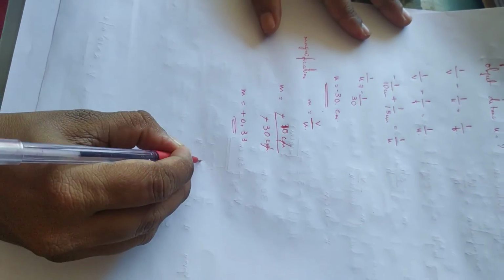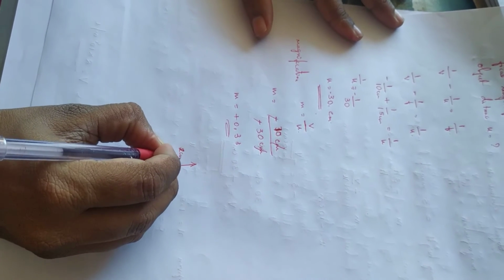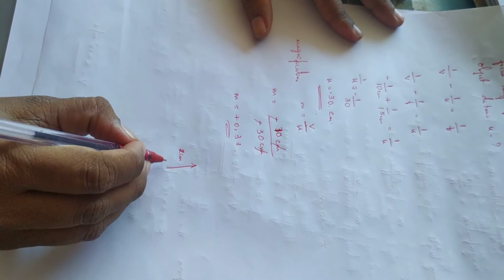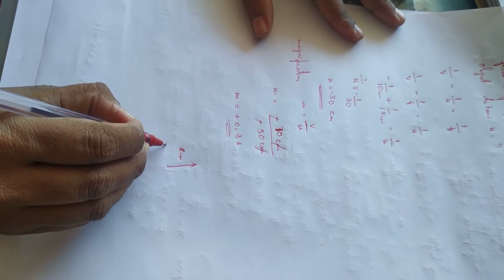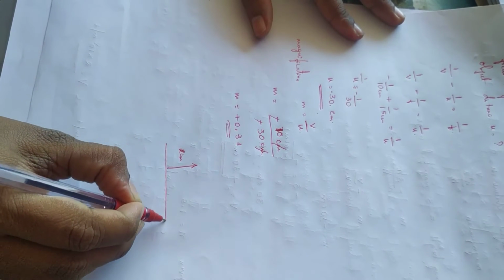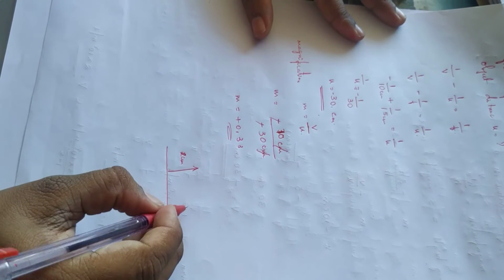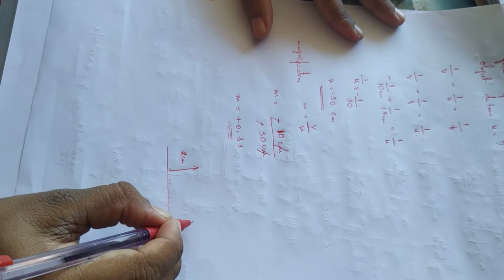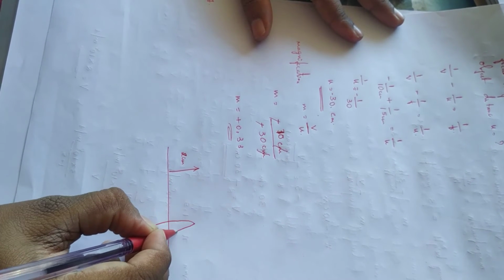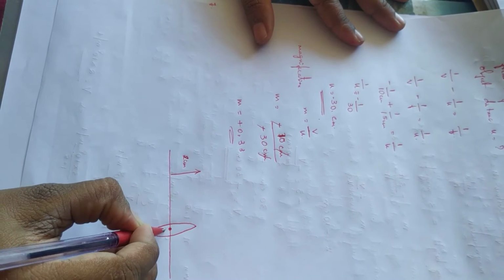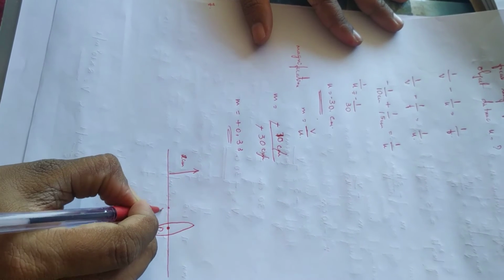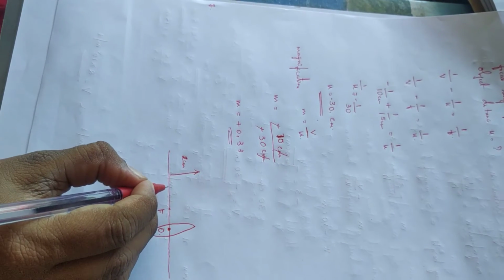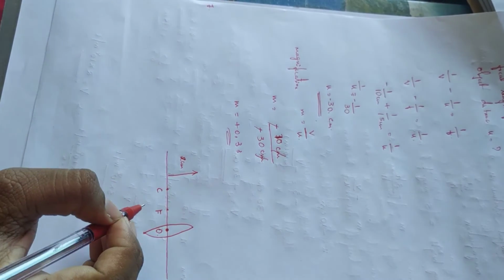Our question was: a 2 centimeter tall object is placed perpendicular to the principal axis of the convex lens, right? This is the optic center, this is a focus, this is the radius of curvature, right?